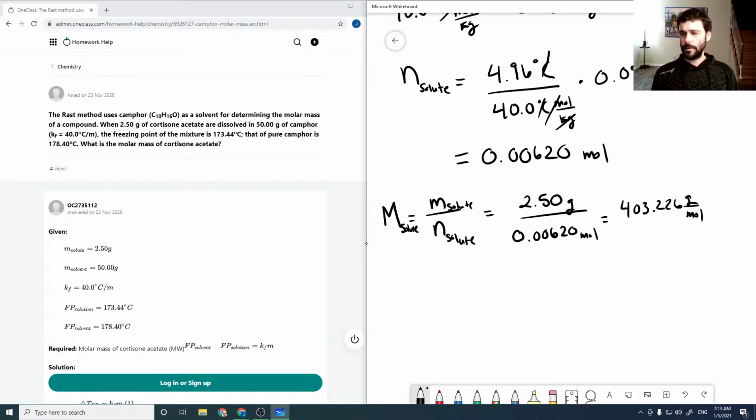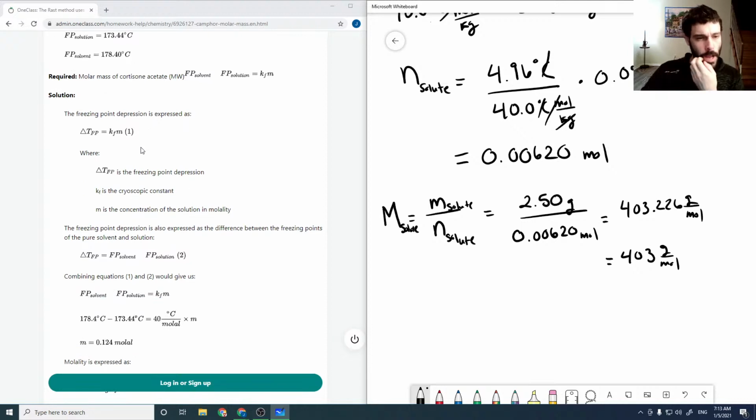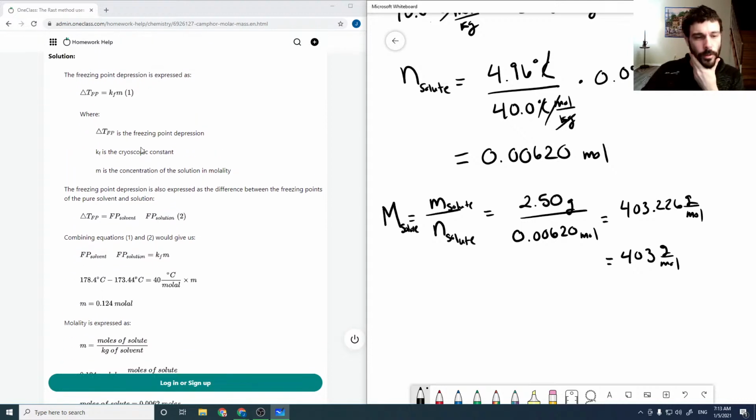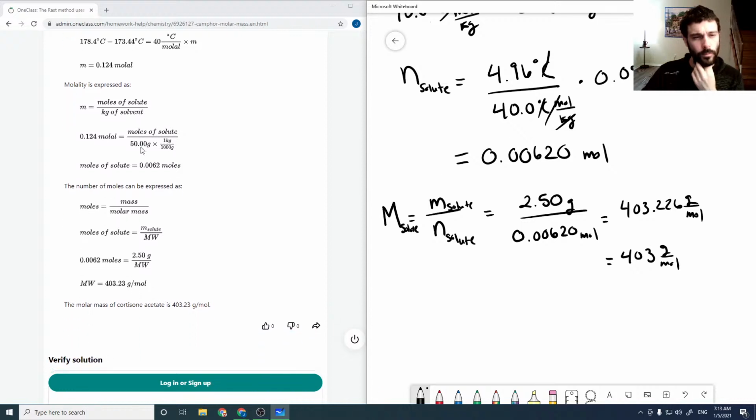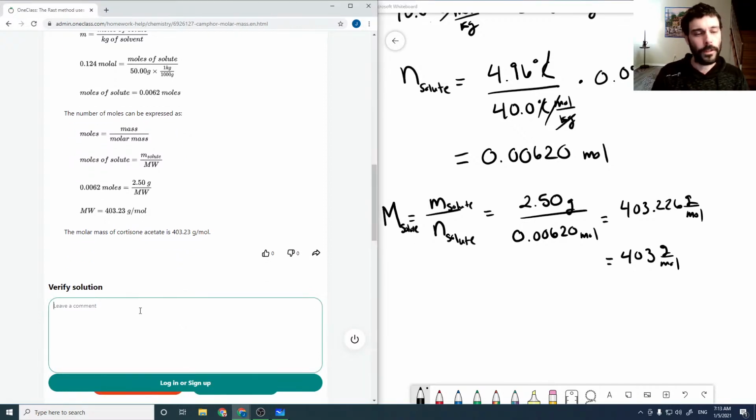And rounding to our three significant figures, 403 grams per mole. Okay, so there's our molar mass for our cortisone acetate. If we check through the solution here, we can use the freezing point depression equation, and we get 403.23 grams per mole, or rounded for significant figures, 403. So that looks good.